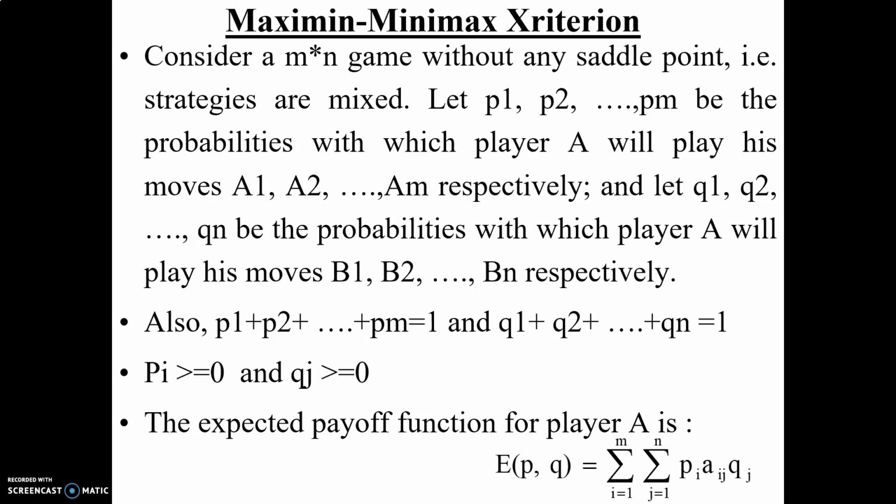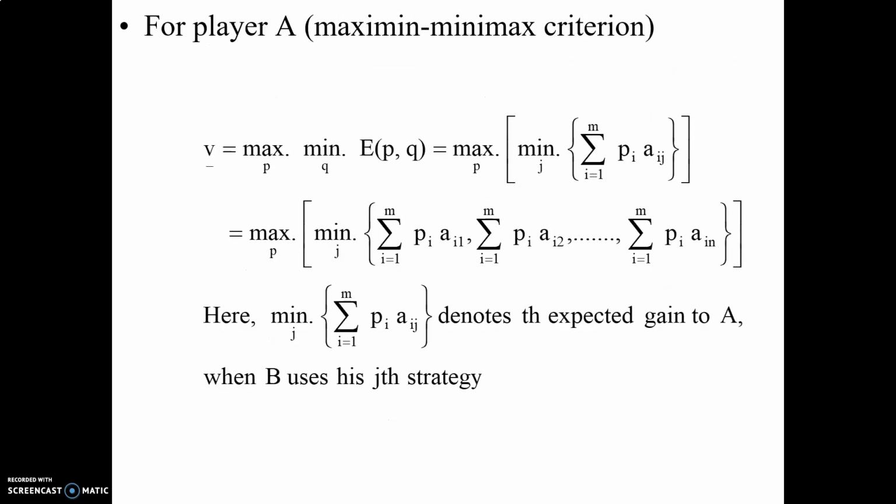The expected payoff function for player A is E(P,Q) equals summation i till m, j till n of Pi Aij Qj. For player A, the maximin and minimax criterion will be applied.